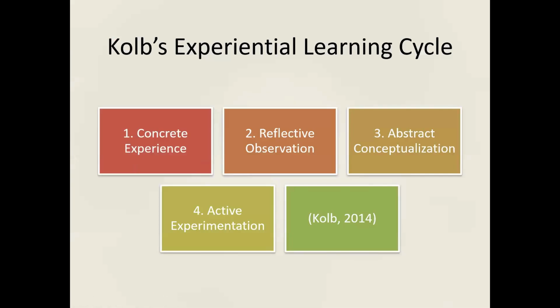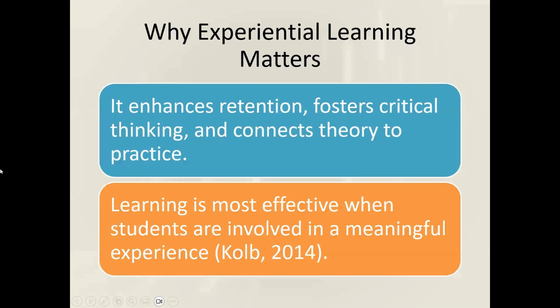Kolb has been mentioned as one of the theoreticians who created a modern pedagogical background for experiential learning, and he was emphasizing the different stages of this experiential learning cycle: the concrete experience, reflective observation, abstract conceptualization, and active experimentation.